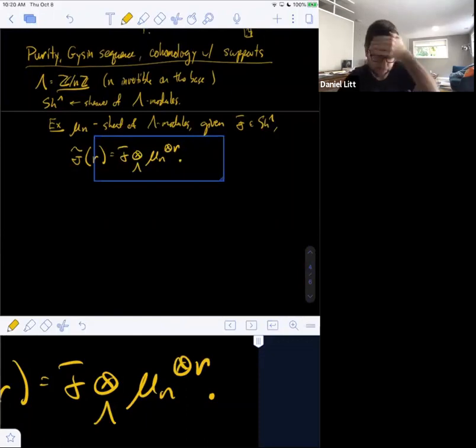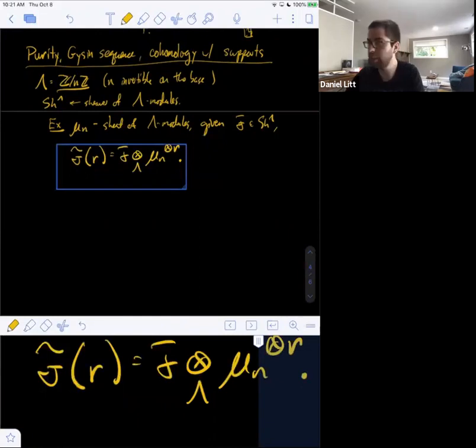So over an algebraically closed field, once you choose an nth root of unity, so once you trivialize this sheaf mu n, this is just isomorphic to F. In general, it's not, and that's manifested in the fact that, for example, the cohomology of F twisted by R will have a different Galois action than the cohomology of F. Are there any questions about this definition and terminology?